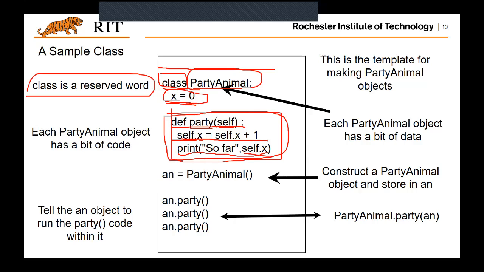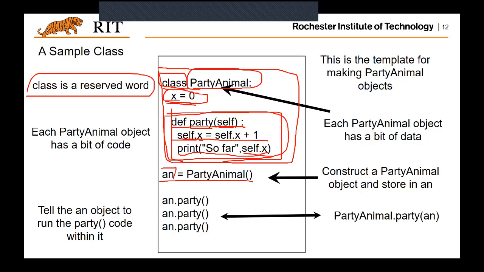And remember again, this is an abstract thing. It's not a specific thing. What you want to do is utilize this template and create an instance or an object. What you do is something like this.